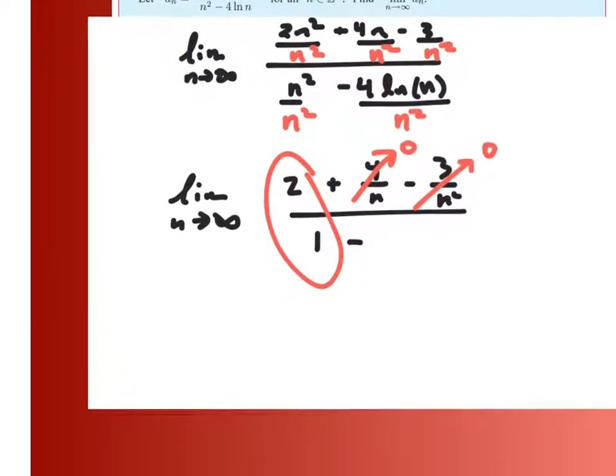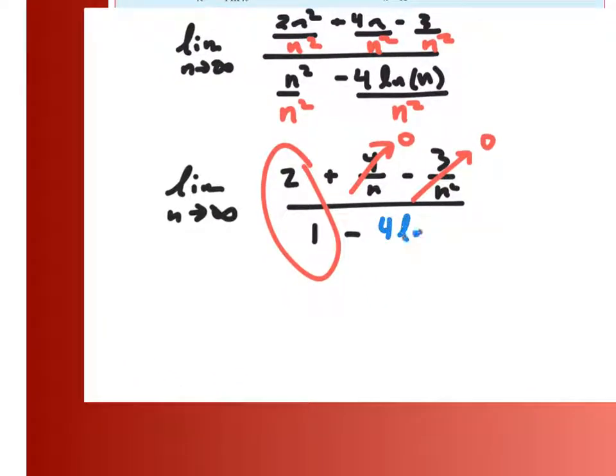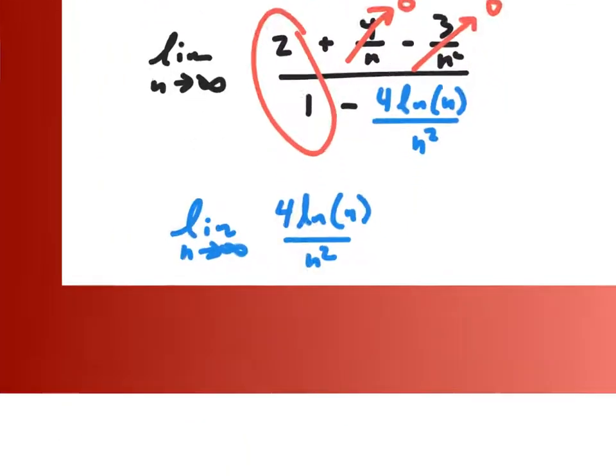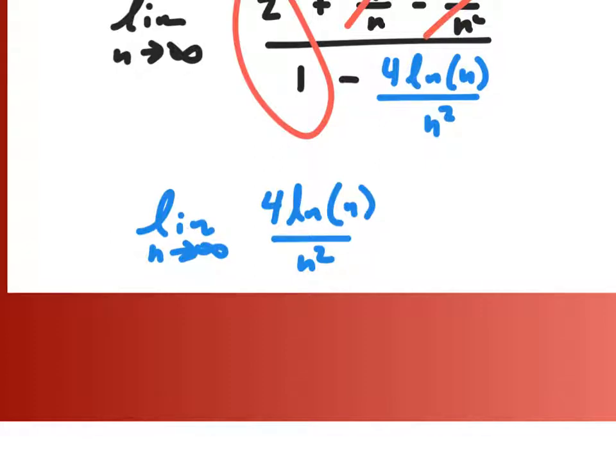So what I got to do is analyze this 4 natural log of n over n squared. Alright, so let's look at that. What would the limit as n goes to infinity of 4 natural log of n over n squared be? I don't know. But what I do know is that 4 natural log of n will always be less than 4n.